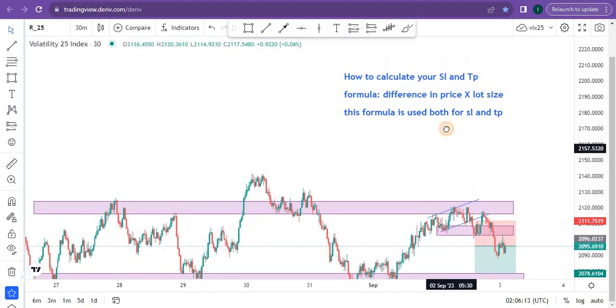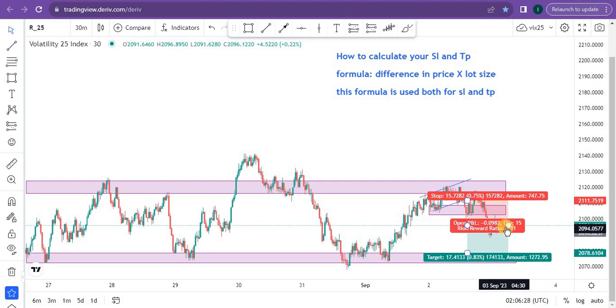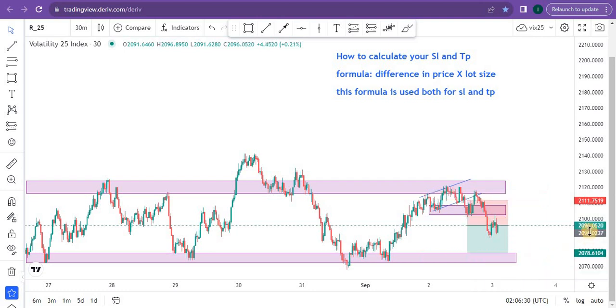Now this difference in price, if we are to do it on MT5, we are going to be calculating it manually. How to get that difference in price on MT5 is by calculating your entry point, which is 2096.9500. You're going to be removing it from your SL point.